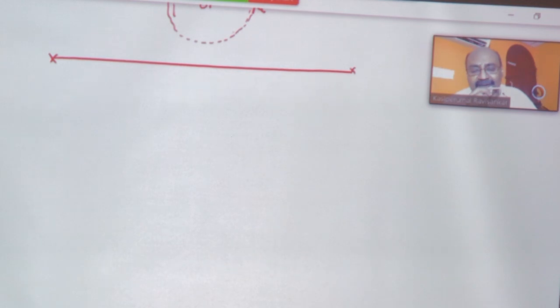The work done in moving 50 electrons from the point A to the point B is dash. So at point A, the potential is considered to be 7 volt.